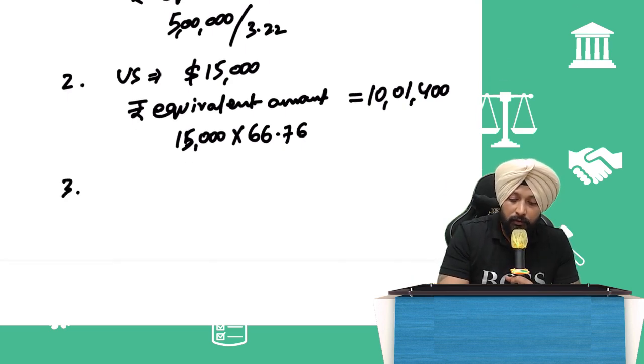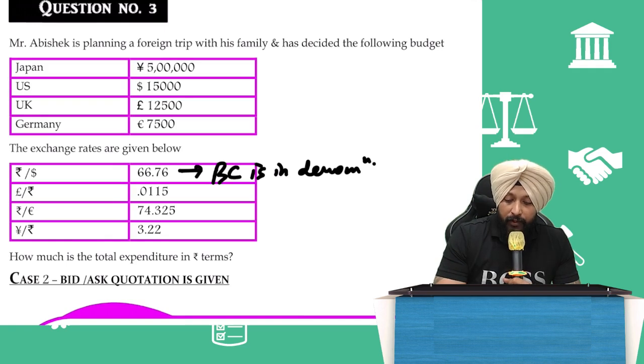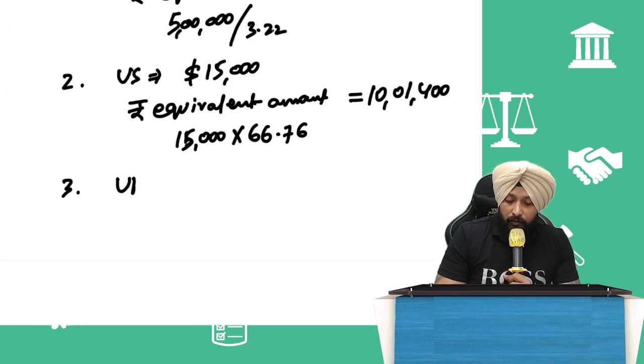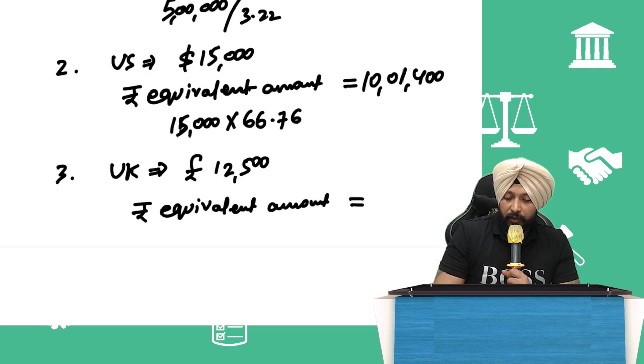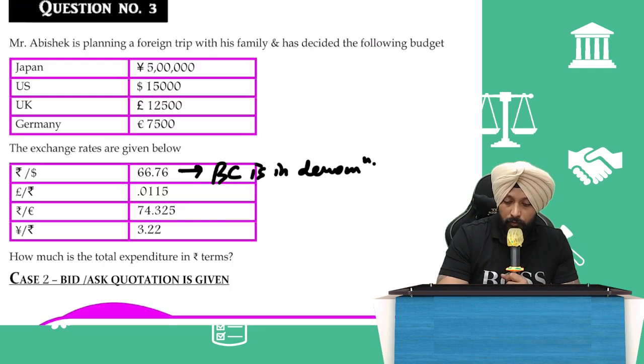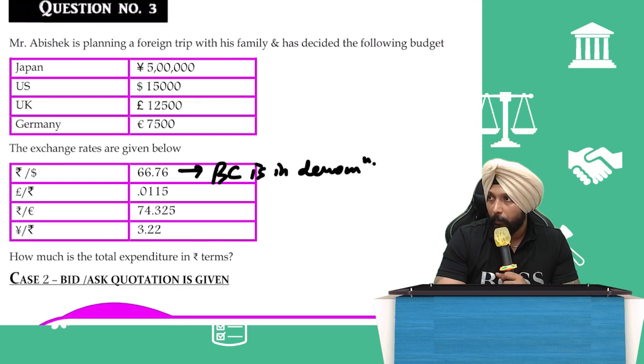Next. UK, pound 12,500. Rupee equivalent amount. Now see the quotation, pound per rupee is given. So from pound we are converting into rupee. From price currency to base currency. What we need to do?